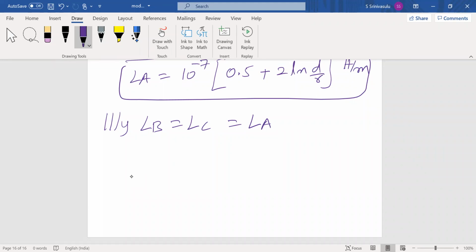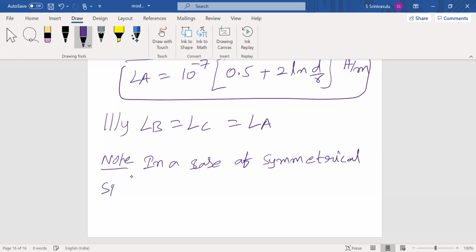Now, what we note: in case of symmetrical spacing, the inductance per phase are equal.